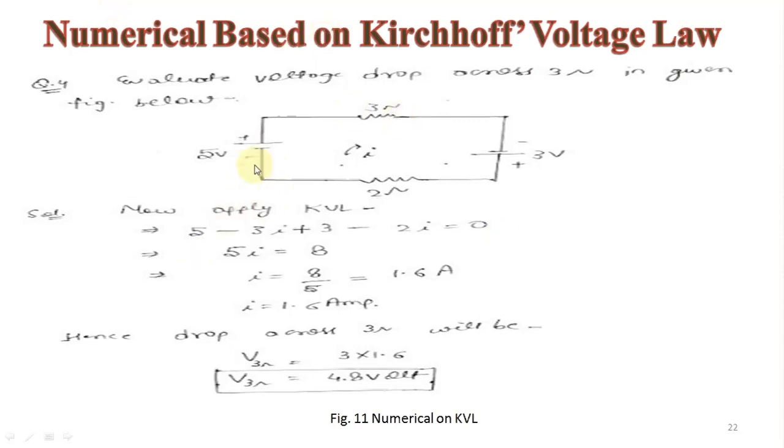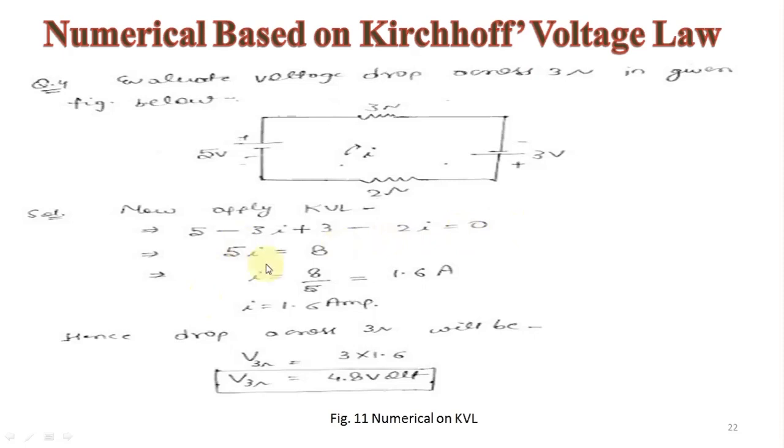So here, in this circuit, minus to positive, so that is positive, and the drop across this resistor is minus 3i. The value of the voltage is plus 3, and the drop across this resistor is minus 2i, equal to 0.